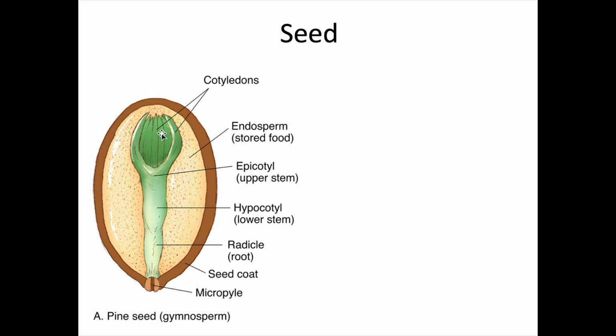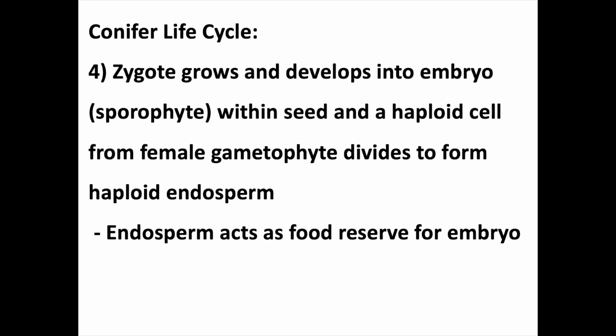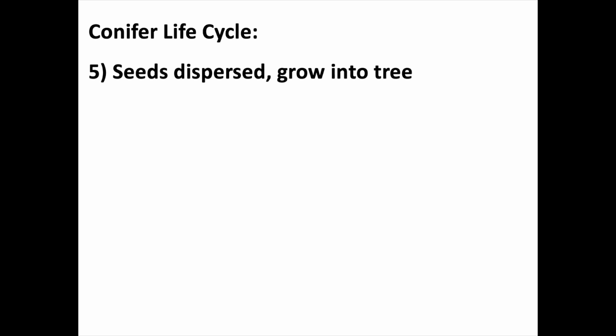So this is not part of the sporophyte. It's not part of the baby plant. It's something that surrounds it within the seed. And when it's time for germination, this endosperm is used to fuel germination. So that's happening here during seed development as well. Endosperm acts as a food reserve for that embryo. And yeah, once the seed is ready to go, they're dispersed and they can grow into a new tree.